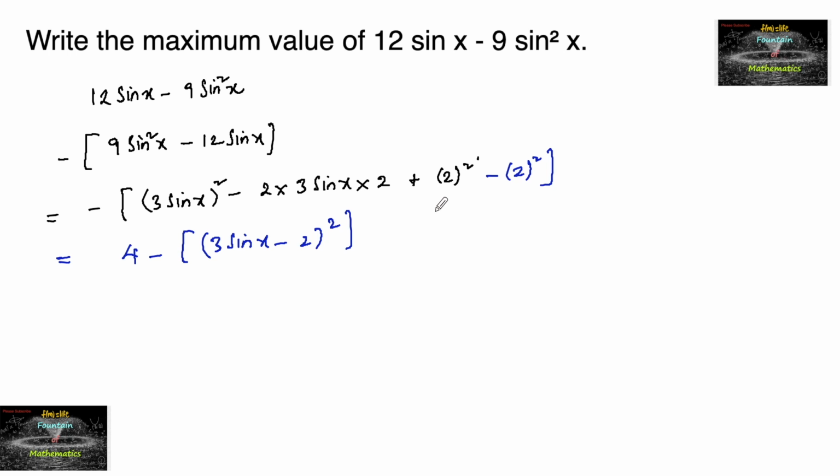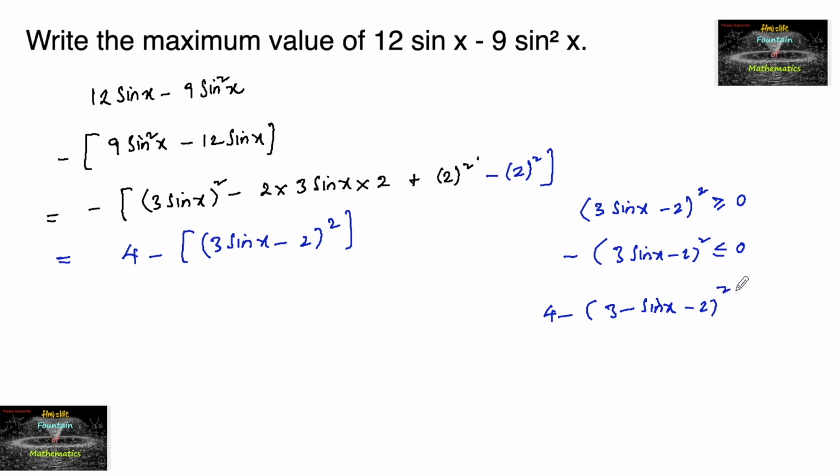Just writing in the form of a minus b whole square. And since we know that a square is always positive, 3 sin x minus 2 whole square is always greater than or equal to 0, or minus of (3 sin x minus 2) whole square is always less than or equal to 0, when you multiply a negative quantity on both sides. If you multiply by a negative one, the inequality will change. So adding 4, 4 minus (3 sin x minus 2) whole square is less than or equal to 4.